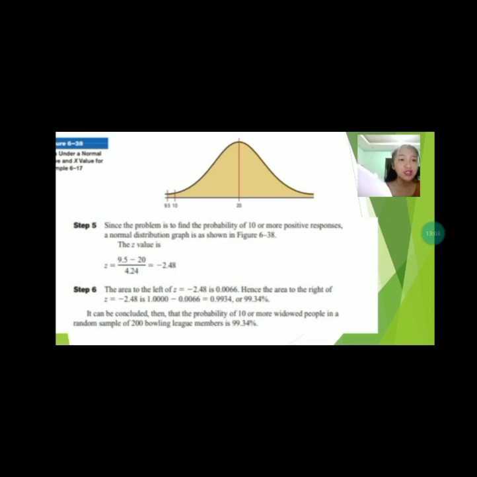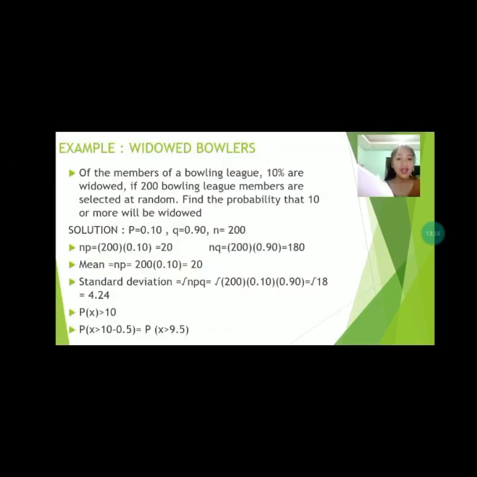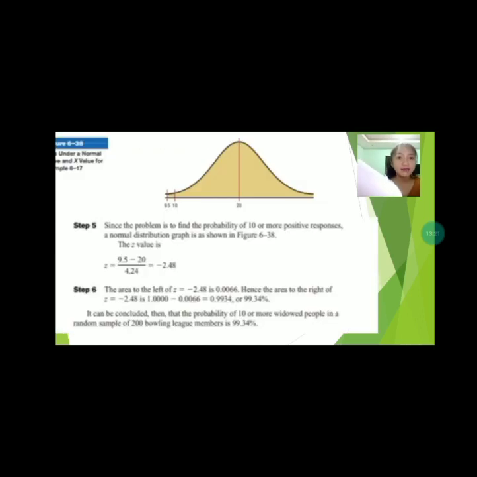At the center is 20, which is the mean. Then we have P of X greater than 9.5, on the normal distribution.